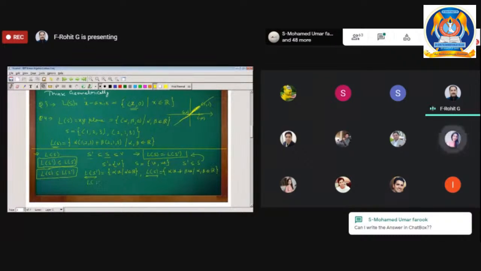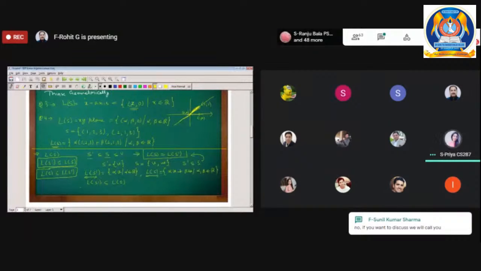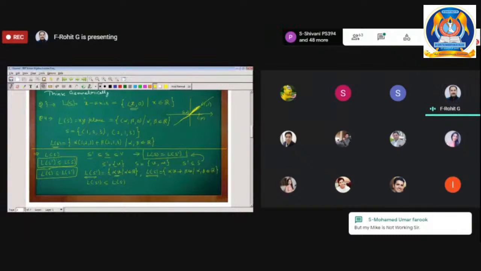Because the linear span of S dash is a subset of the linear span of S, because the linear span of S dash contains alpha V, and alpha V is also contained in the linear span of S. Okay, so you are saying that all the scalar multiples of V are also contained in the linear span of S.